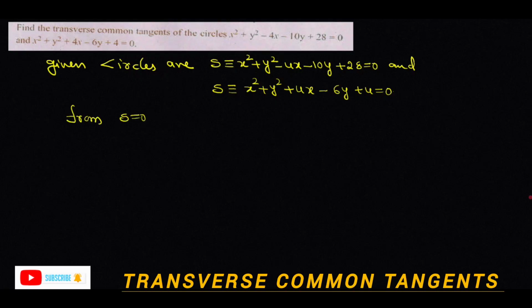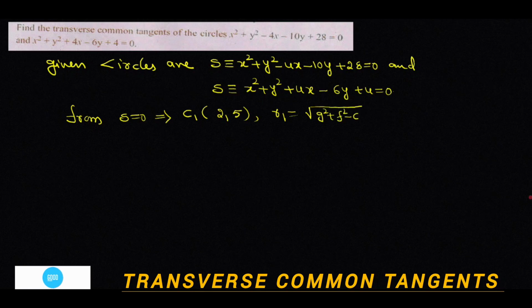Now from S equal to 0, the center of the first circle C1, from the given equation, we get (2, 5). The radius of a circle, denoted R1, is equal to the square root of G square plus F square minus C. G equal to minus 2, whole square is 4, plus F value minus 5, whole square is 25.